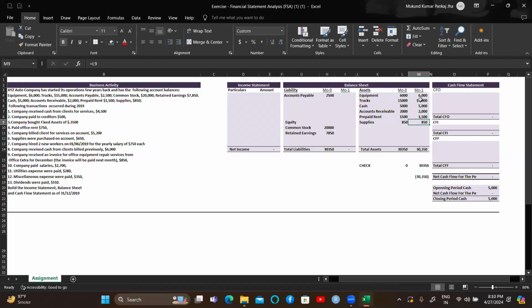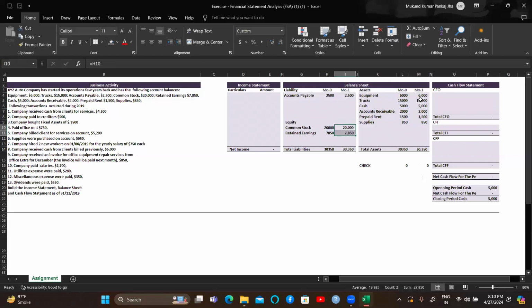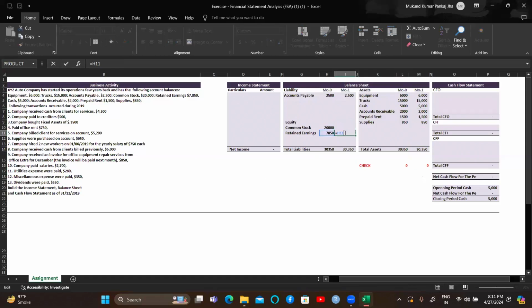So I will have to add all these things. Similarly for liabilities as well, I will have to do that. And now I am ready to start up with my entry of month 1. Everyone, we have our model now.